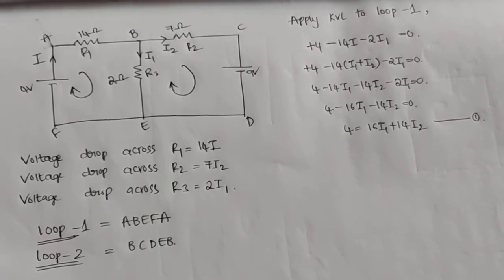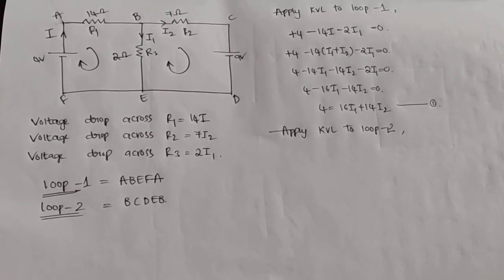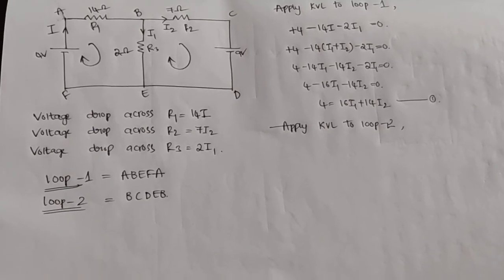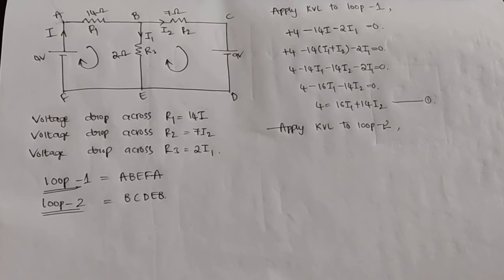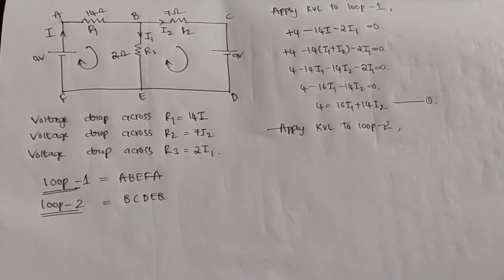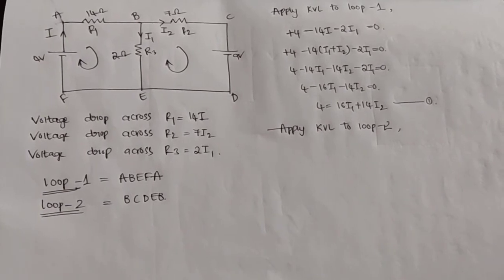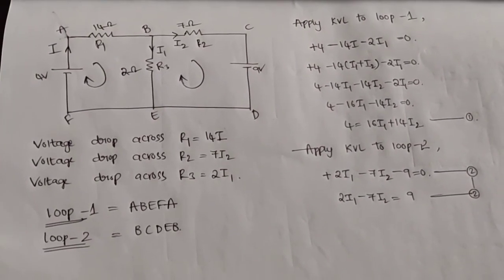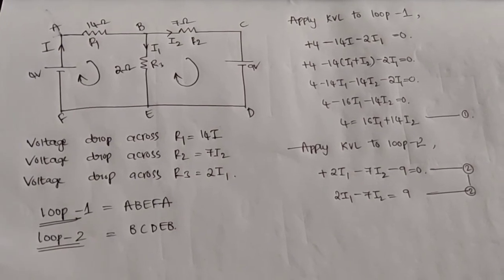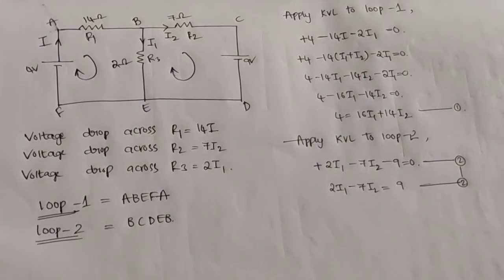This is equation 1. As we have done loop 1, the same procedure is followed using KVL to find the equation for loop 2 also. Loop 2 is B, C, D, E, B. Here I1 is taken as positive because the direction of current I1 across R3 is opposite to the direction of movement.